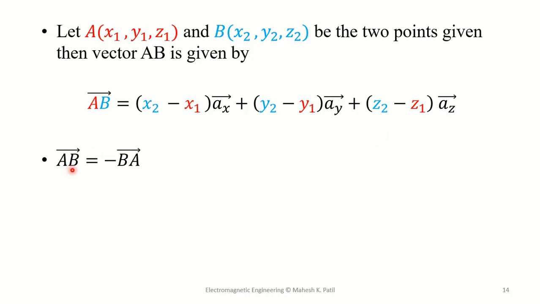Now vector AB is not equal to vector BA. Vector AB is equal to the negative of vector BA.